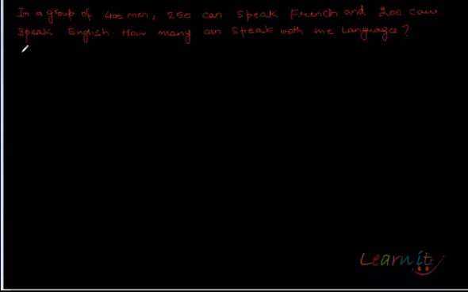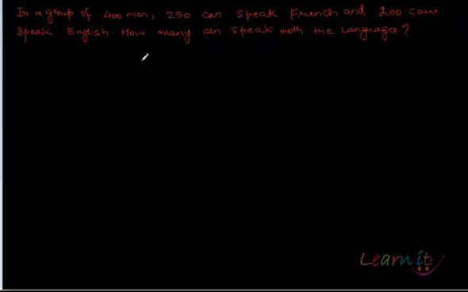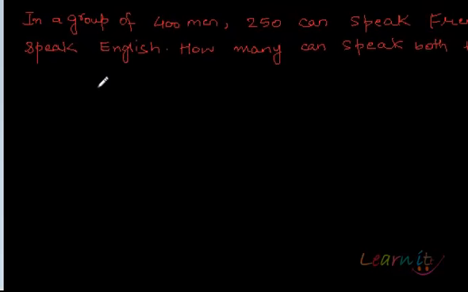Okay, the question given to us is that in a group of 400 men, 250 can speak French and 200 can speak English. We need to find out how many can speak both the languages. So what is given to us?